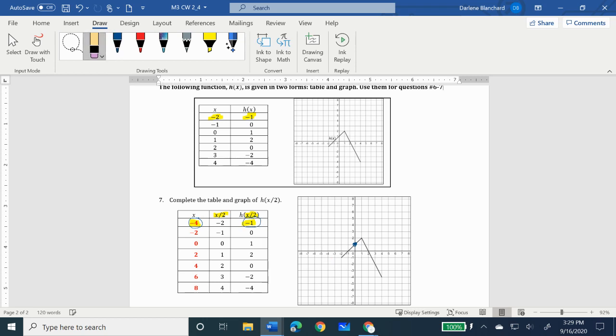That means I can plot the point -4, -1. X equals -4, y equals -1. And notice that it used to be over here. Do you see that x doubled?